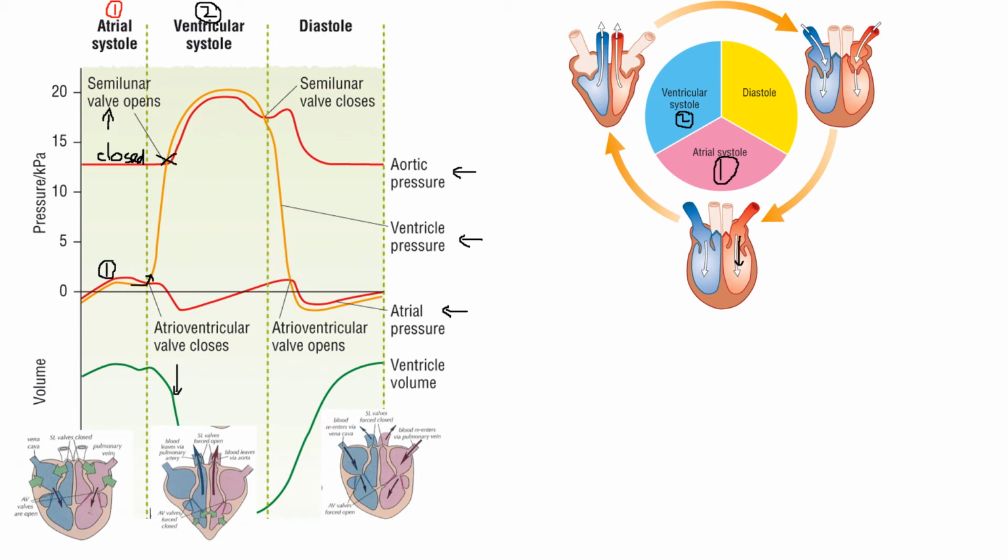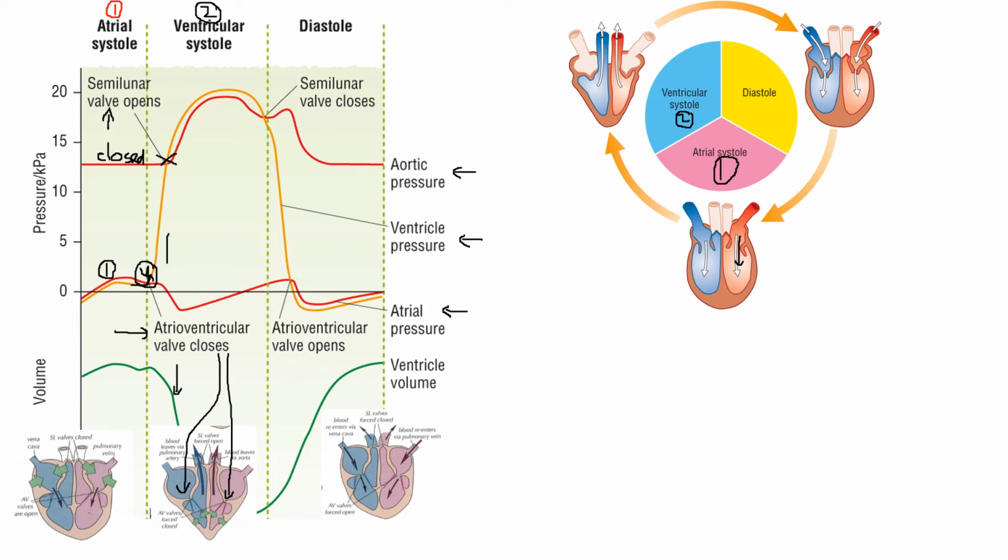And at point Y, the pressure in the ventricles becomes greater than the pressure in the atria, so the atrioventricular valves will close to stop that backflow, and you can see that happening here in this diagram. The ventricles are contracting, we can't afford the blood to backflow into the atria, which now has a lower pressure, so the atrioventricular valves close.